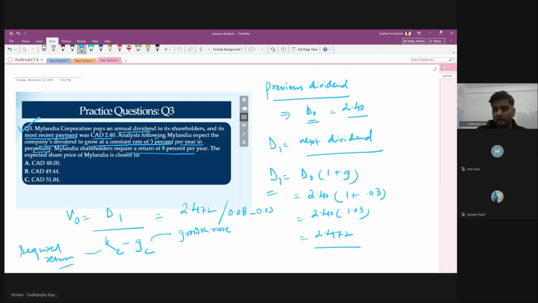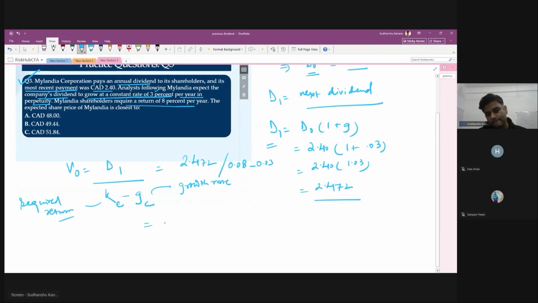So if you solve it in a very simple way, 2.472 divided by 0.08 minus 0.03. Very straightforward, very easy, very simple. I told you, right? First question will not take much time because it is one of the simplest of the questions. So the answer comes out as 49.44. Okay. So that should not be a problem. Your 49.44.